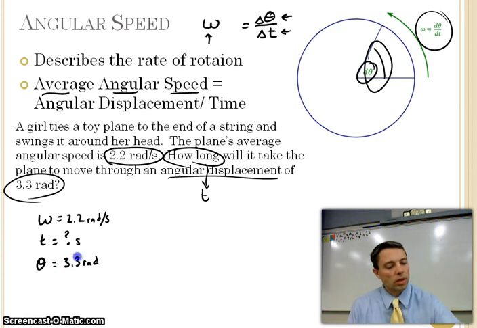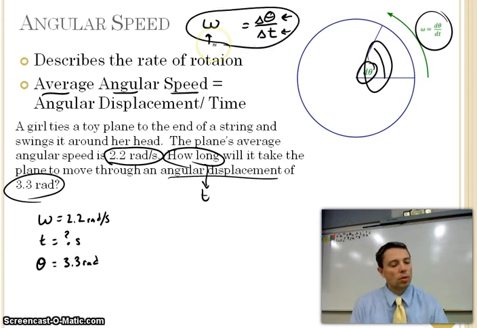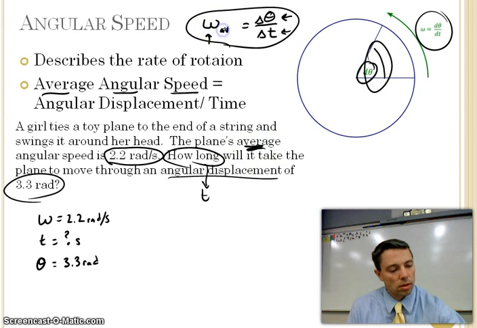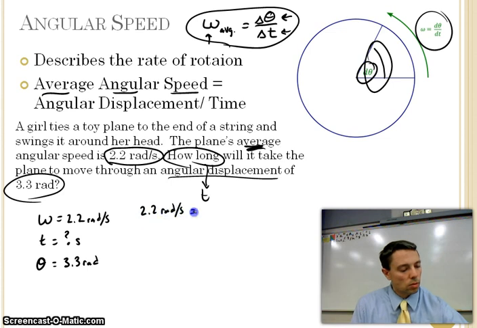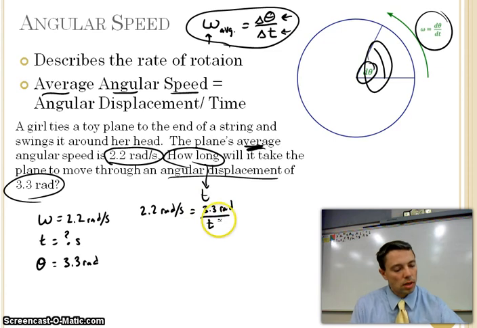Okay? So now I'm just going to set up this equation, because it's the average angular speed. I can set it up as 2.2 radians per second is equal to 3.3 radians over t seconds.